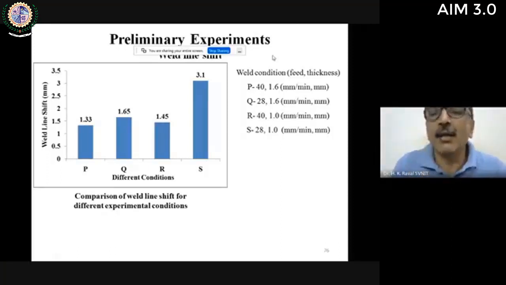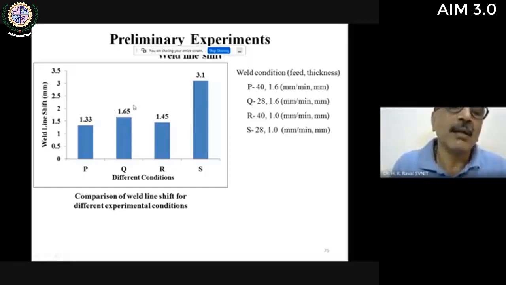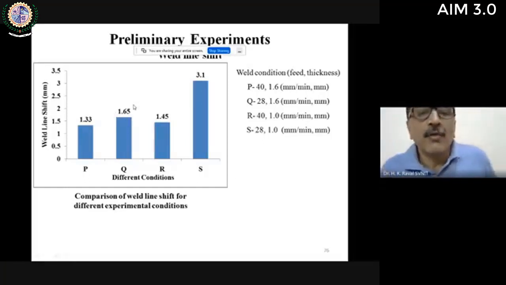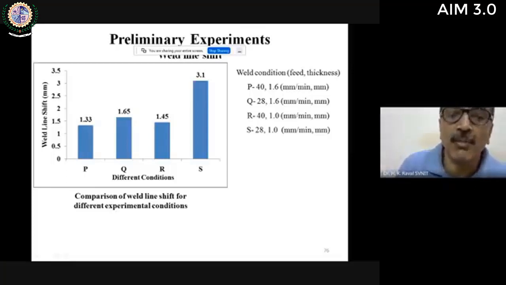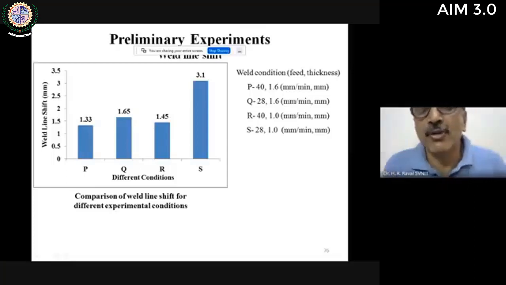If you take similar conditions here for the same feed, the feed is the same for Q and S, but as the thickness is less in S compared to Q, Q will have a lesser weld line shift because it offers resistance to deformation, being a stronger material. As I have already introduced earlier, higher thickness is considered a stronger material, lesser thickness a weaker material.